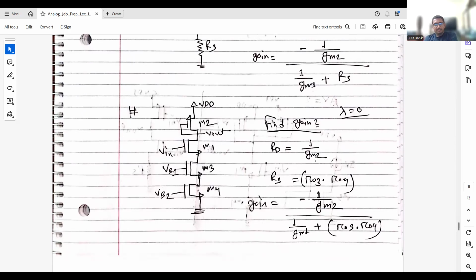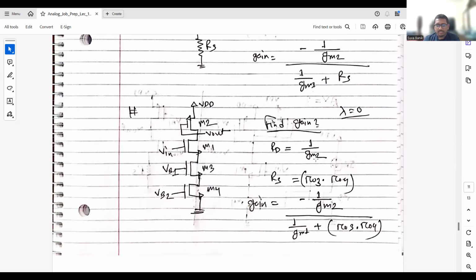I think at this stage you are also able to find the gain and draw the small signal model of this circuit, because I'm telling you with responsibility that it is very common in job interviews and job examinations.